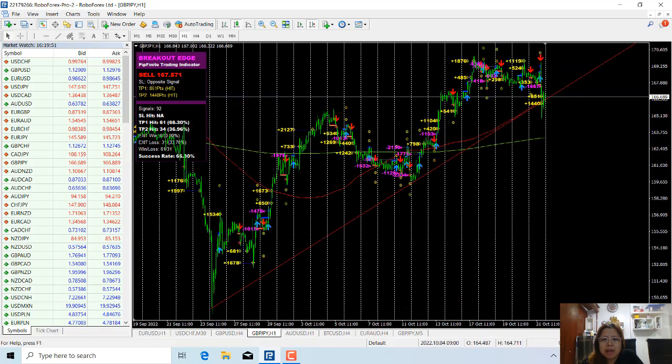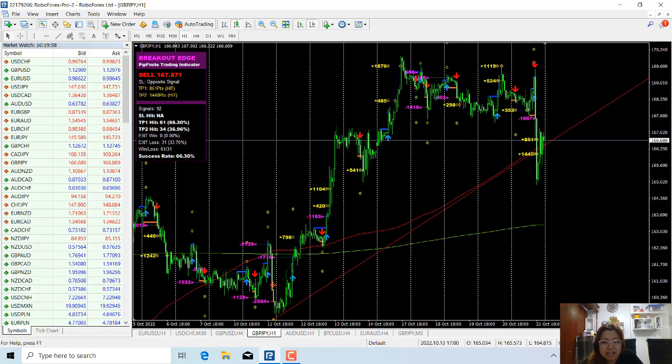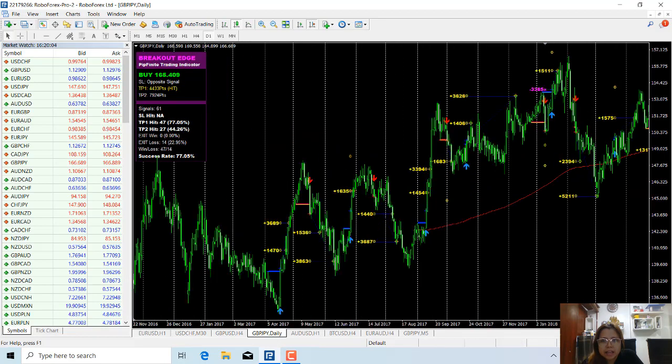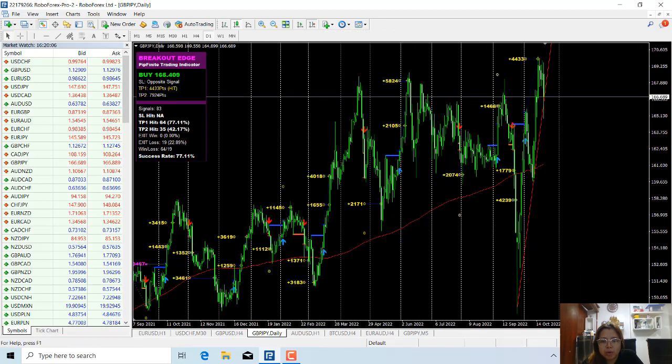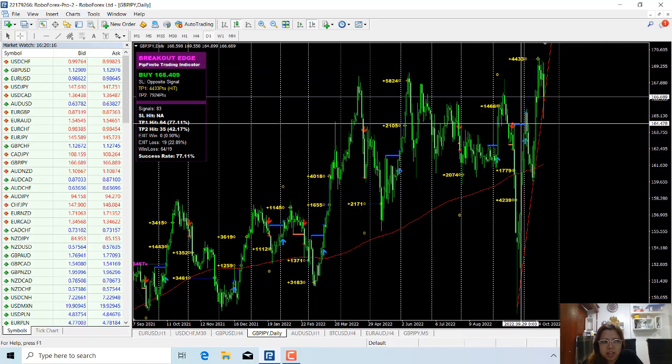So for GBPJPY, let me just check. Again, I've mentioned in the past week that this would be highly likely, since it has reached a high and broken a high coming from earlier this year. Therefore, we would be expecting a retracement coming from it.